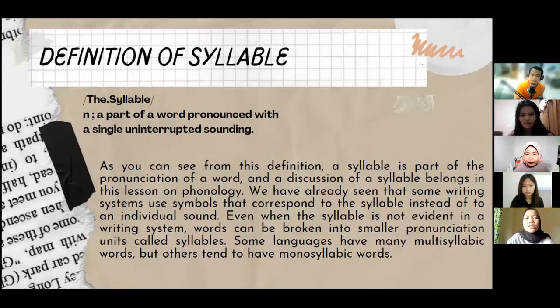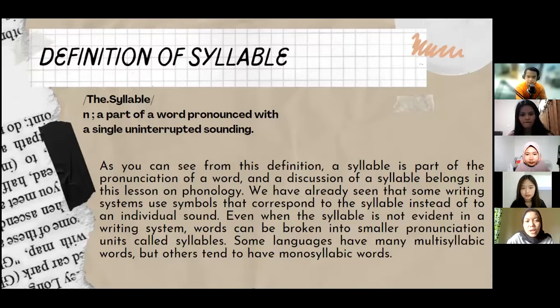Definition of syllable. The syllable is a part of a word pronounced with a single uninterrupted sounding. As you can see from this definition, a syllable is part of the pronunciation of a word, and a discussion of syllables belongs to this lesson on phonology.